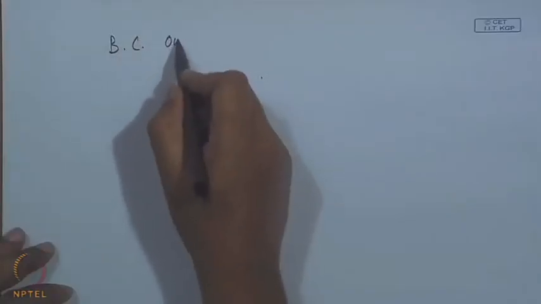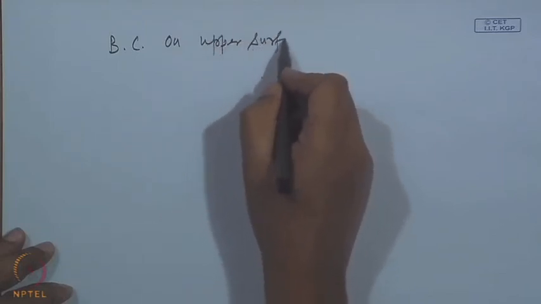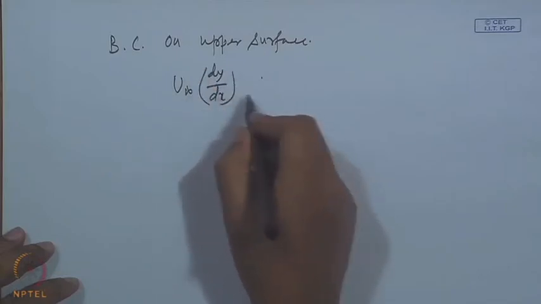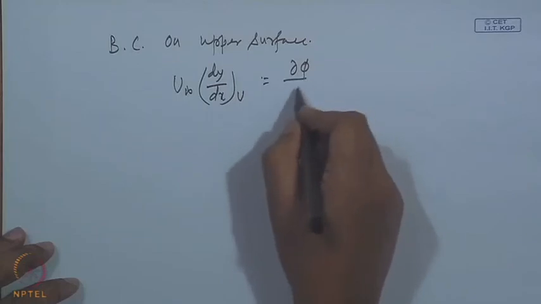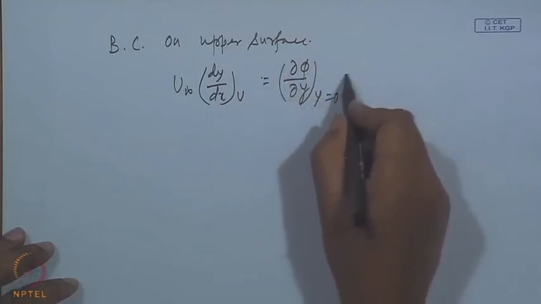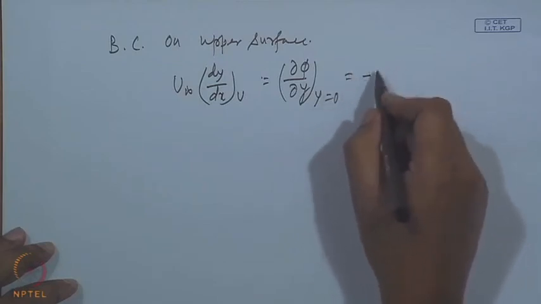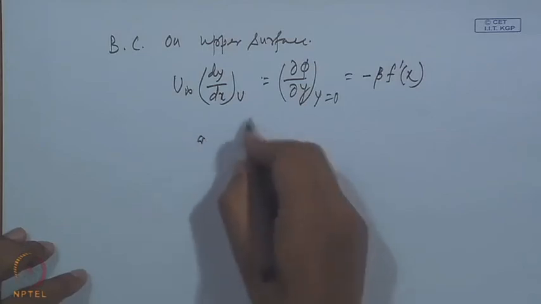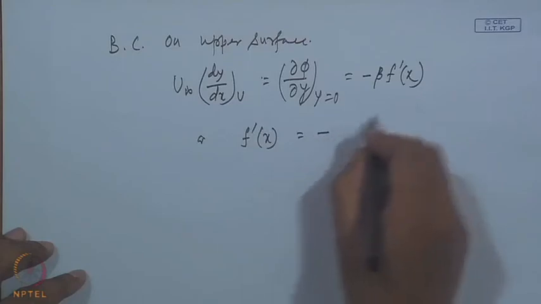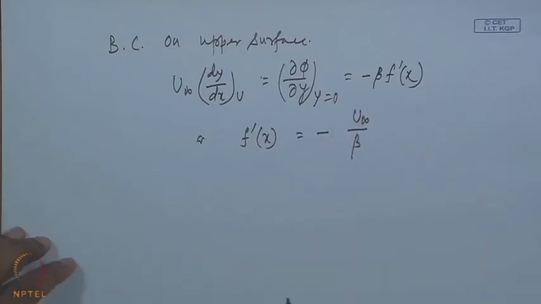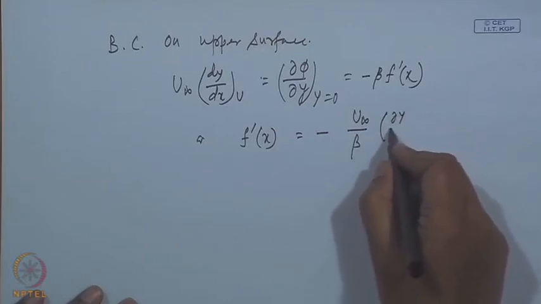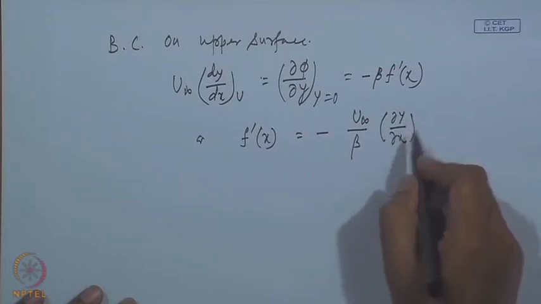So the boundary condition on the upper surface gives us u infinity dy/dx on the upper surface, again approximated to d phi/dy at y equal to 0, which is minus beta f prime x, or f prime x is minus u infinity by beta dy/dx on the upper surface.